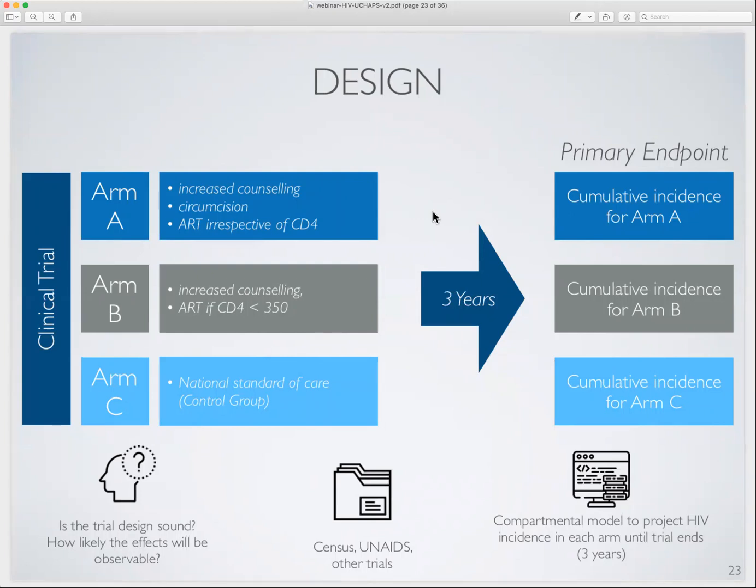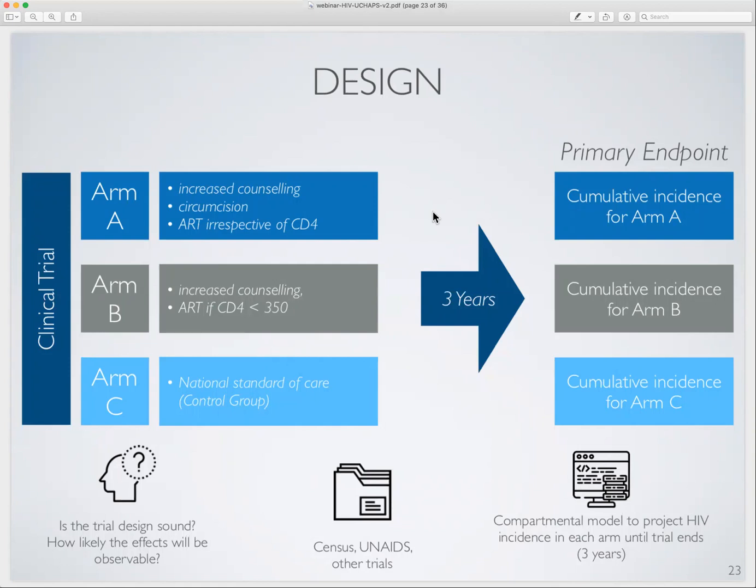Then in arm B, participants also had increased counseling, but there was no particular effort to promote male circumcision, and the antiretroviral therapy was given only if the CD4 count was below 350. And then you had the third arm, arm C, which was the control group.